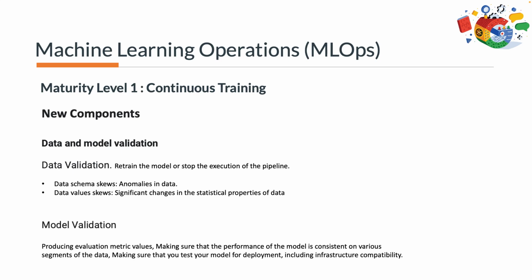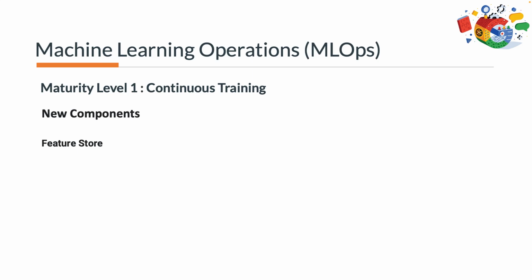Model validation. Model validation involves producing evaluation metric values, making sure that the performance of the model is consistent on various segments of data, and making sure that you test your model for deployment, including infrastructure compatibility. Feature store. A feature store is an optional additional component for the Level 1 machine learning pipeline automation.